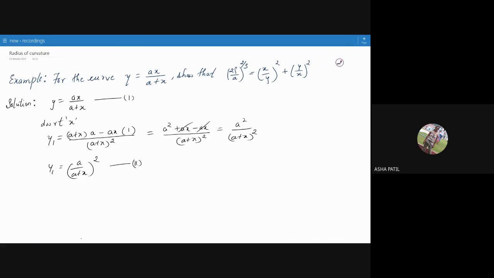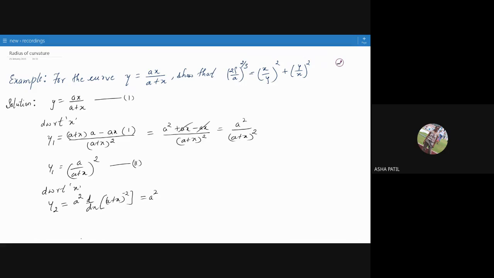Now let us differentiate this y1 once again and obtain y2. So differentiating with respect to x, derivative of y1 is y2. Now a² is constant, let us keep it as it is. Differentiation of 1 upon (a + x) whole square, or we can put it as (a + x) raised to minus 2.